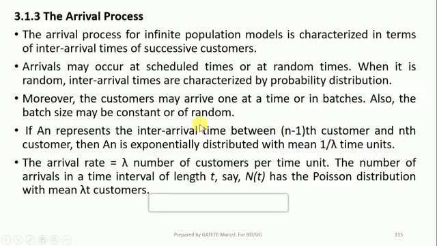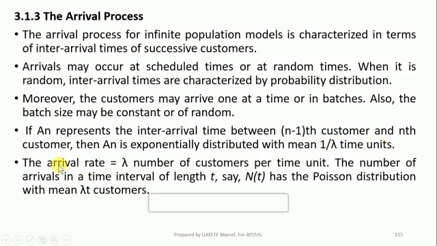For example, A5 represents the interval between the 4th customer and the 5th customer, because n is 5 and n minus 1 is 4. So A5 will be exponentially distributed with a mean of 1 divided by lambda time units.